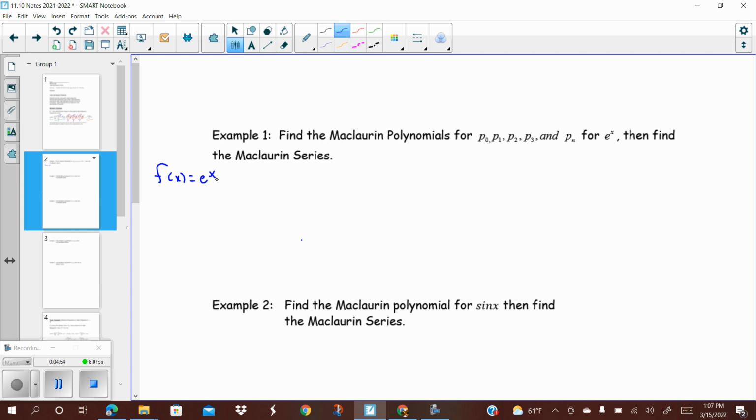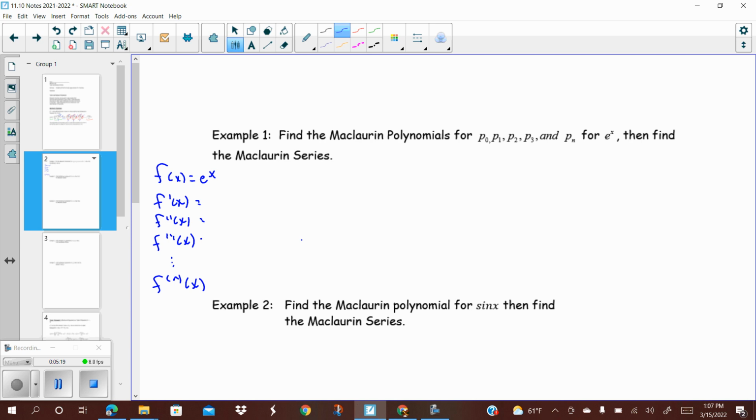Well, that's actually just the original function. That's the 0th term. We're also going to need P sub 1, 2, and 3. So that means I'm going to need at least 3 derivatives. So I need f prime of x, f double prime of x, f triple prime of x. And then we need the nth derivative.